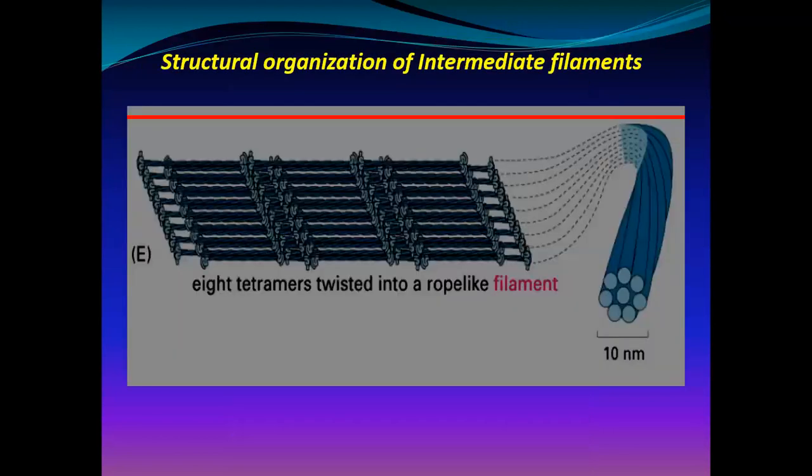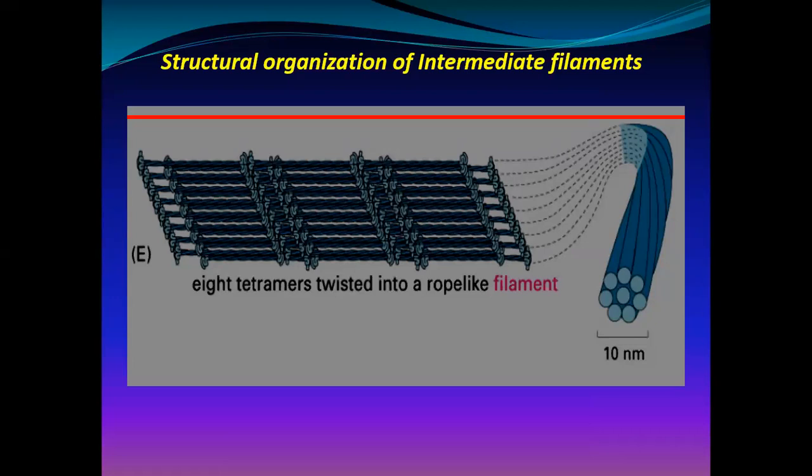When you look at it, it's like a sheet-like structure. Eight tetramers twisted into a rope-like filament. 1, 2, 3, 4, 5, 6, 7, 8. Eight tetramers side by side and head to tail, arranged and coiled together into a rope-like filament.